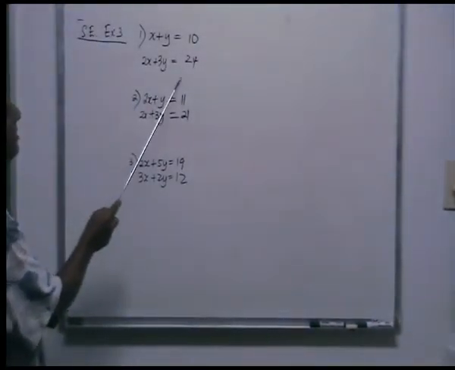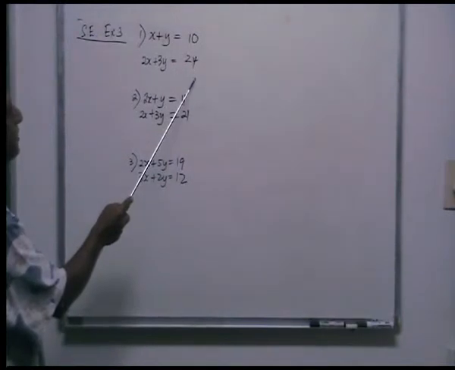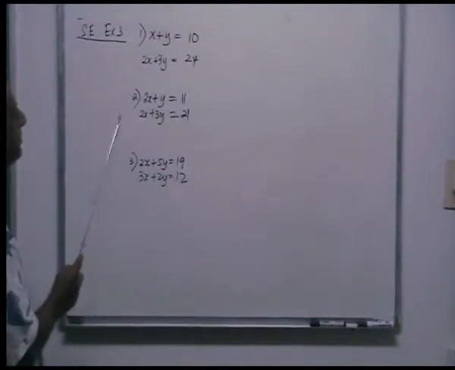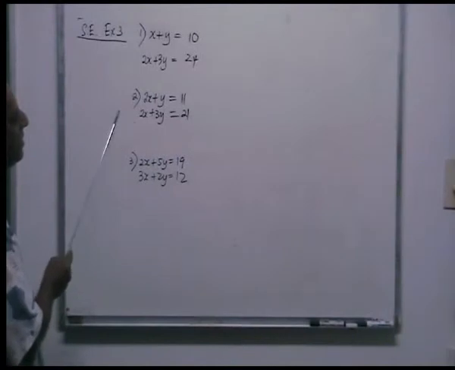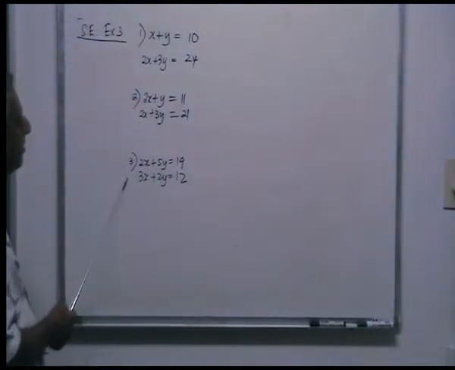2x plus 3y is equal to 24. Number 2, 2x plus y is equal to 11. 2x plus 3y is equal to 21. And number 3, 2x plus 5y is equal to 19, 1, 9. 3x plus 2y is equal to 12.